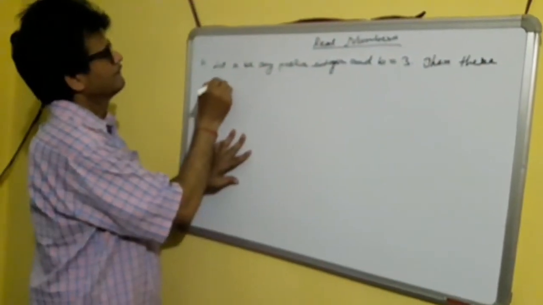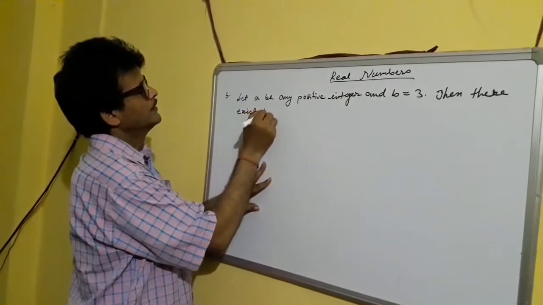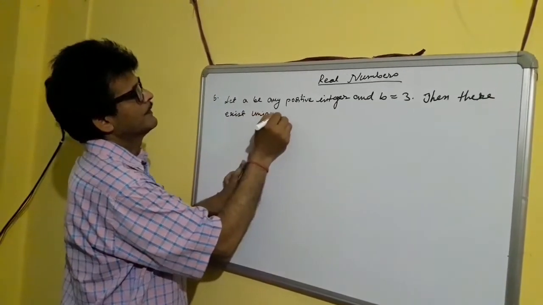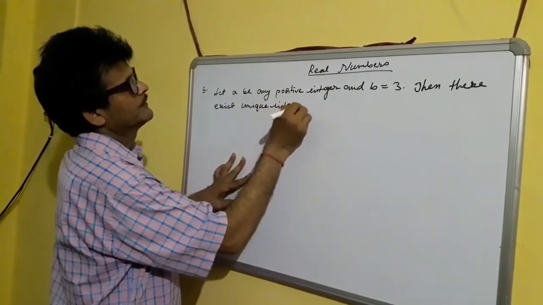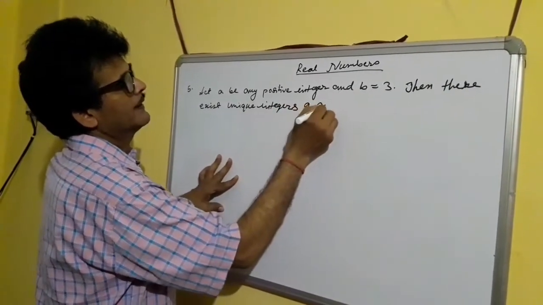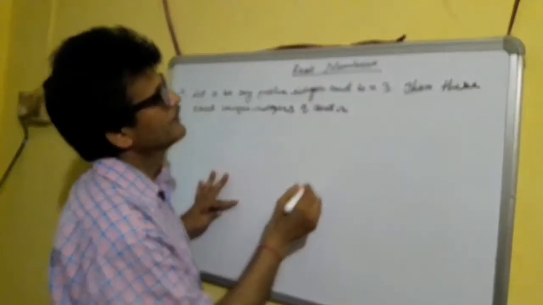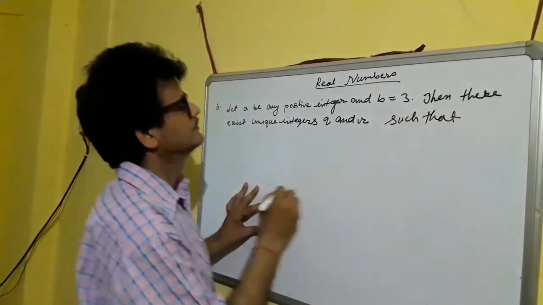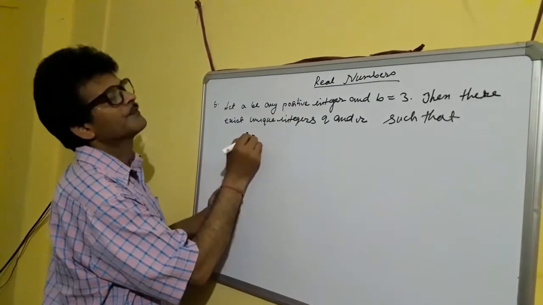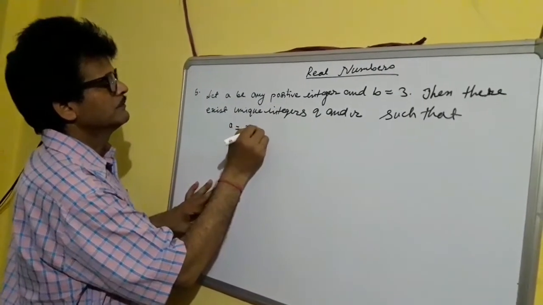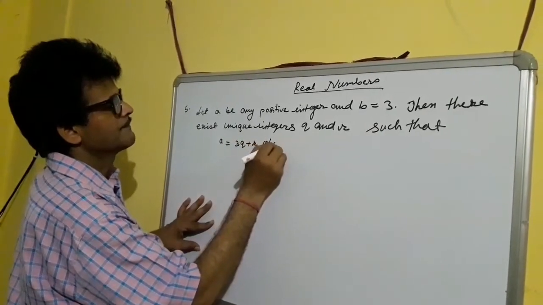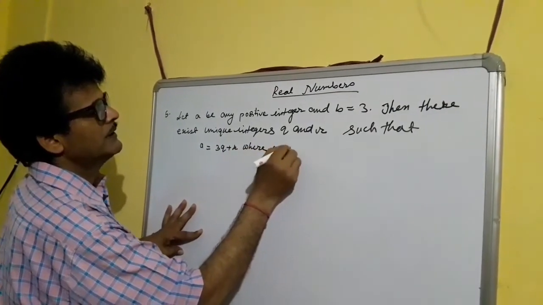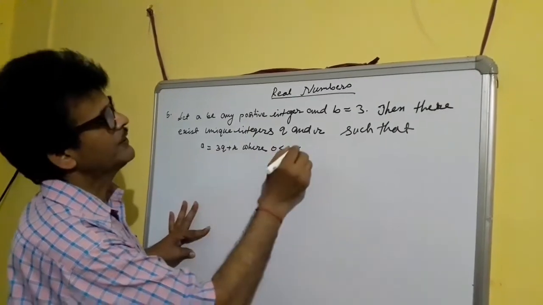there exist unique integers q and r such that a is equal to 3q plus r, where 0 less than or equal to r less than 3.